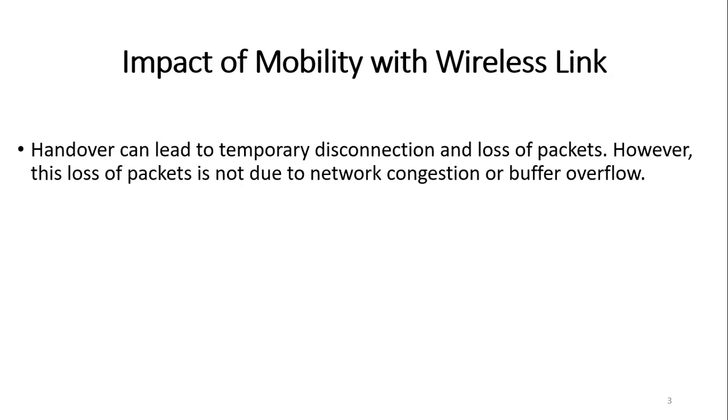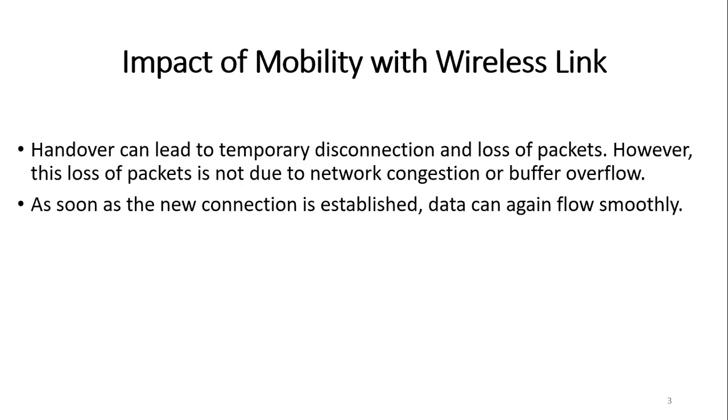But after a while, you have a new connection with the new base station and then you recover again. But again, the sending side assumes that the network has got congested because some packets are lost. These packets could not get to the receiver, or it could not get the acknowledgements correctly. So there must be congestion on the way, so I should reduce the data rate. No, you shouldn't.